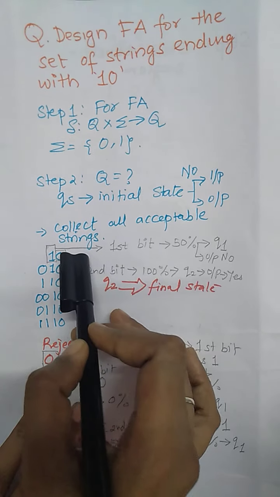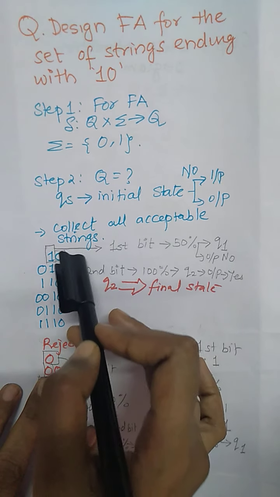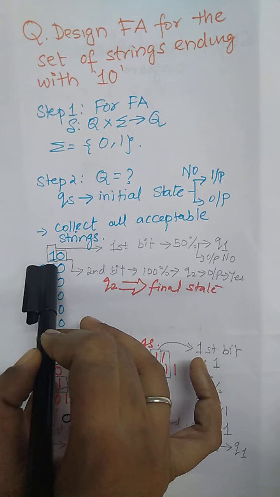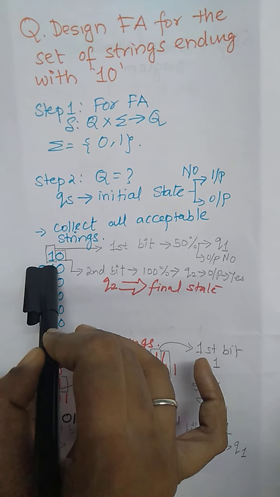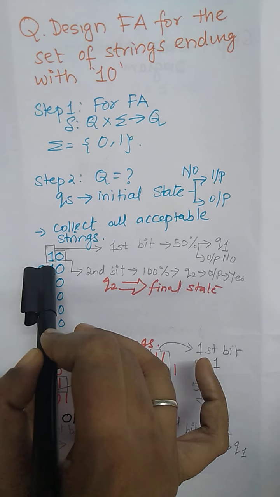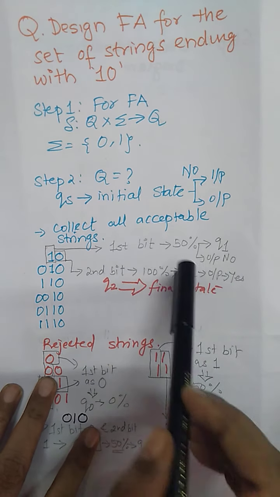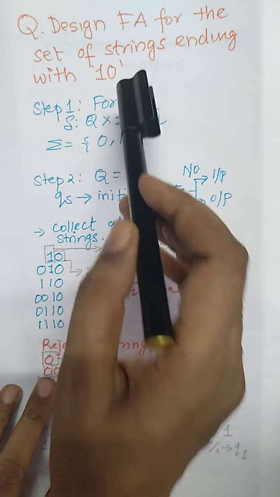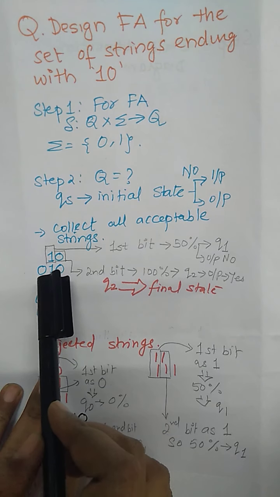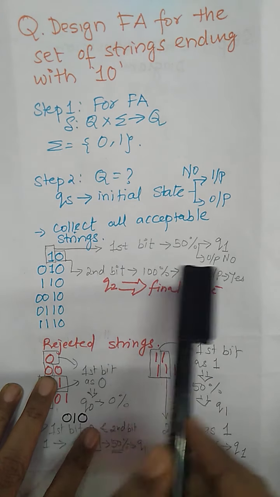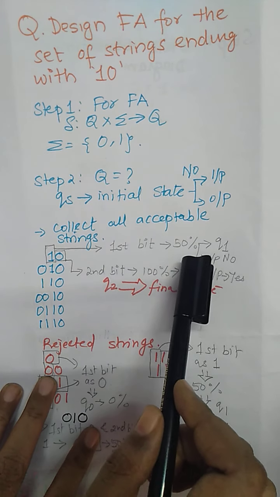Now after collecting all the acceptable strings, considering the first acceptable string 10, if your string is starting with 1, it is according to somewhat our question, that is containing out of 10, it is containing the first portion, that is 1. So that contains 50% of our requirement.